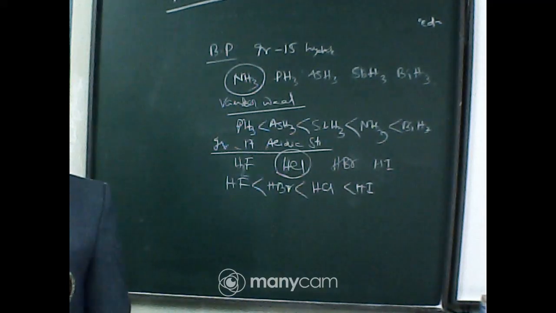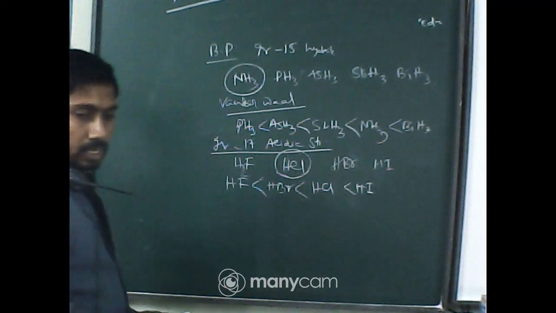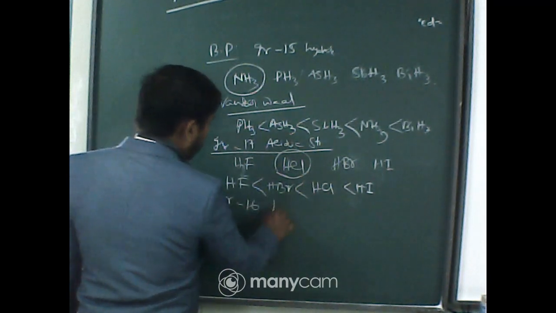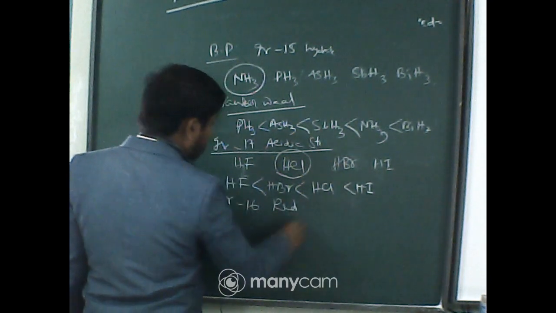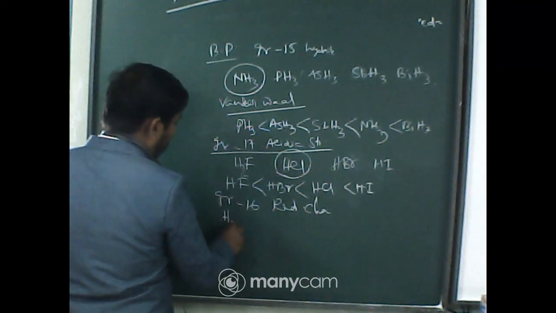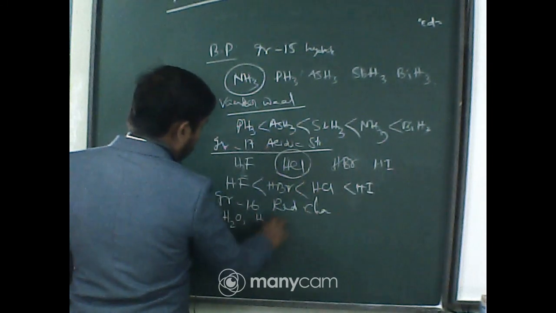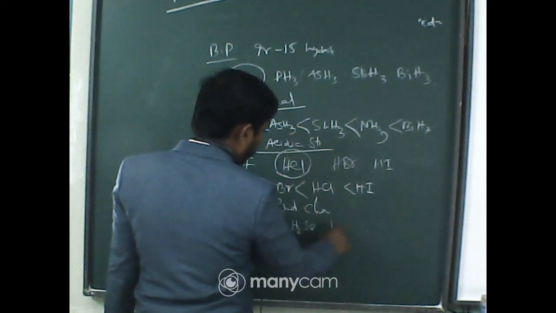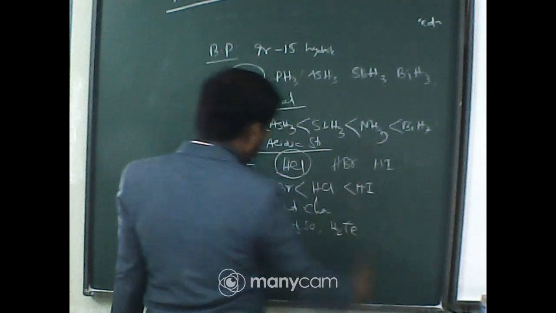Number 3 is: arrange the hydrides of group 16 by reducing character. Now what are these? H2O, H2S, H2Se, H2Te.